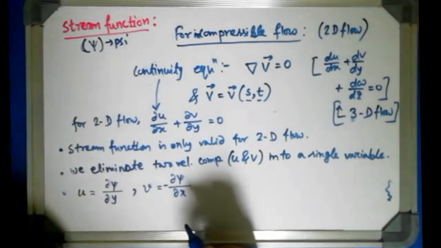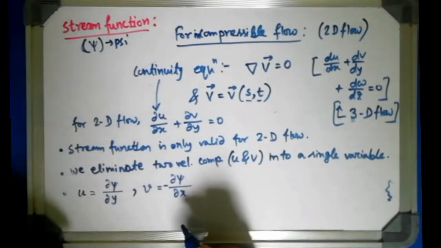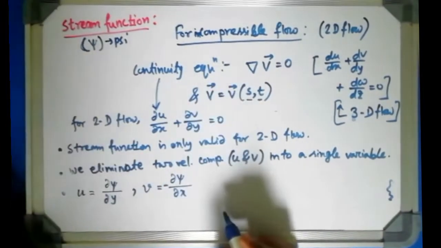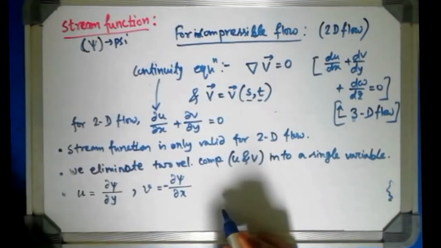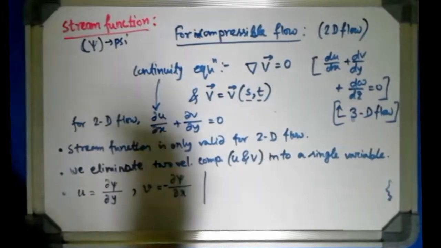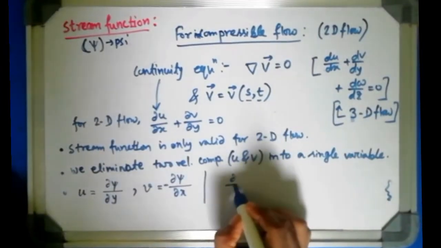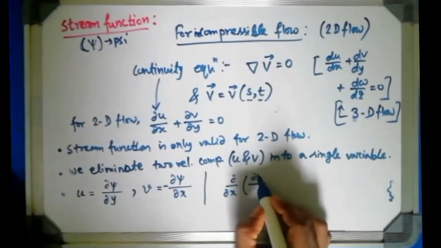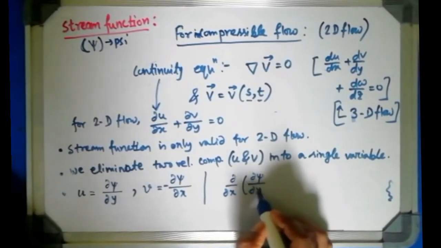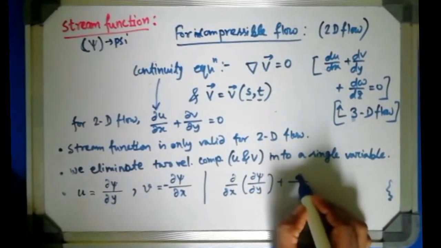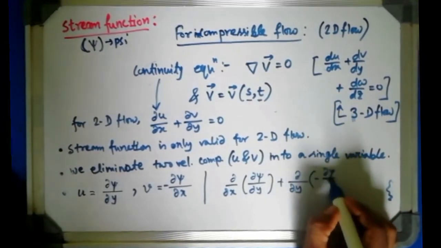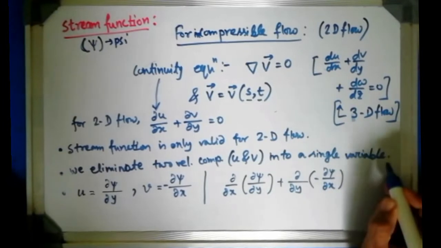So what will be the advantage of it? If we put these two values in this continuity equation in 2D flow, what will be the effect? You can check it. Del x of u, that is del psi by del y, plus del y of minus del psi del x.